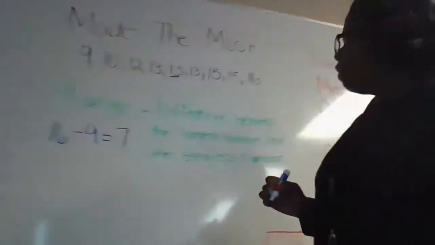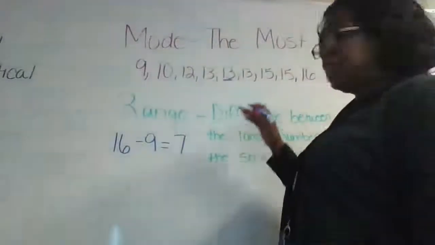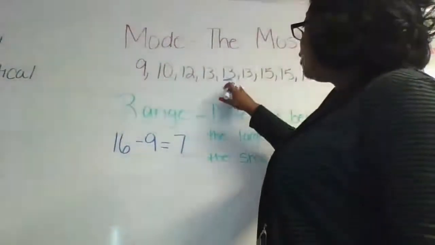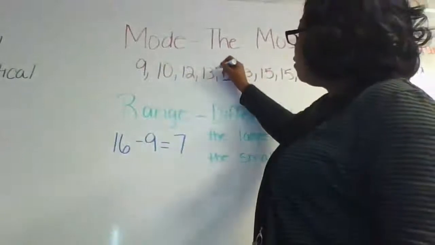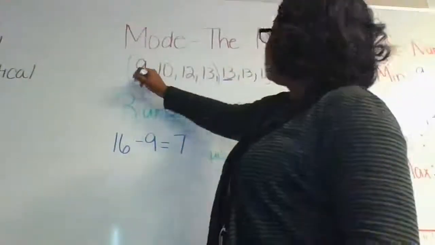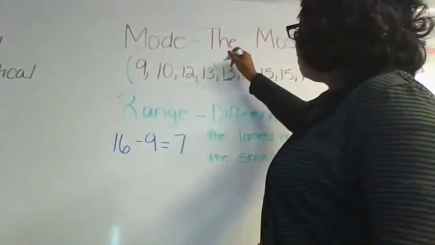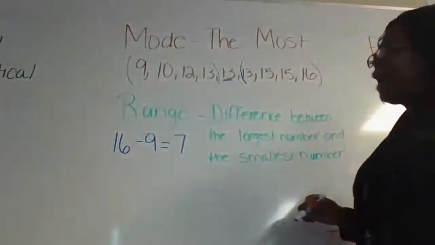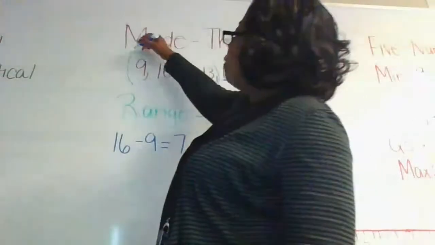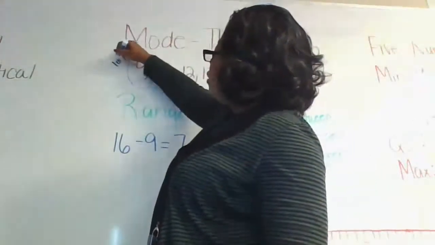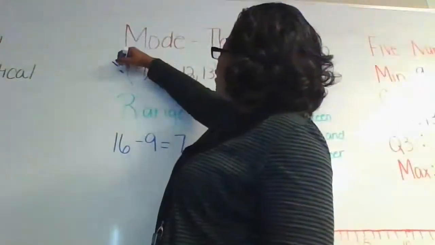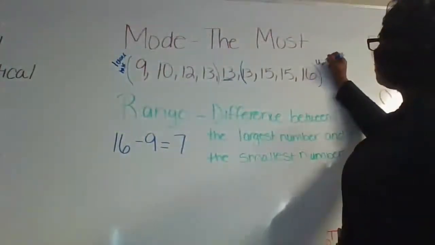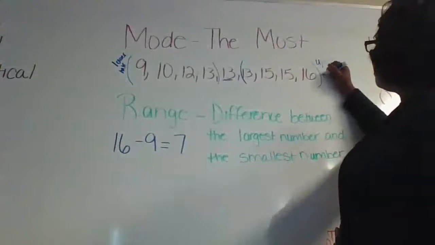So now that we have our median, since this is an odd amount of numbers, we want to keep the median separated and put a parenthesis around the rest of the numbers that we have to work with. Right here. This is known as our lower half of the data set, and this is known as the upper half of the data set.